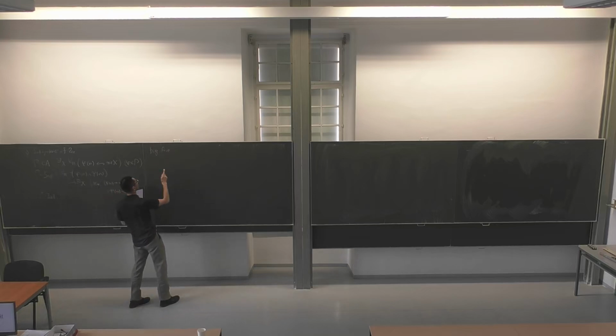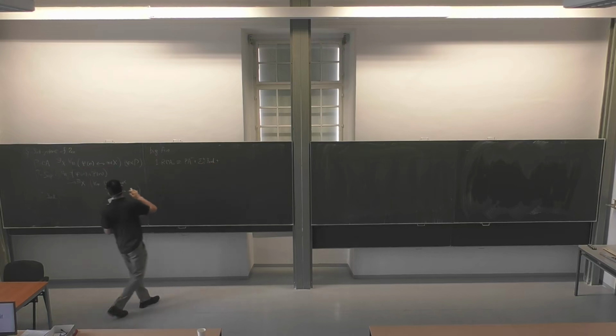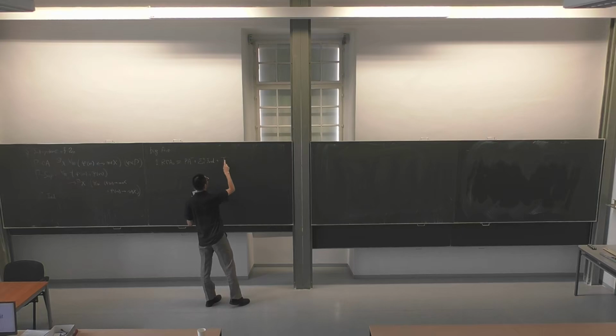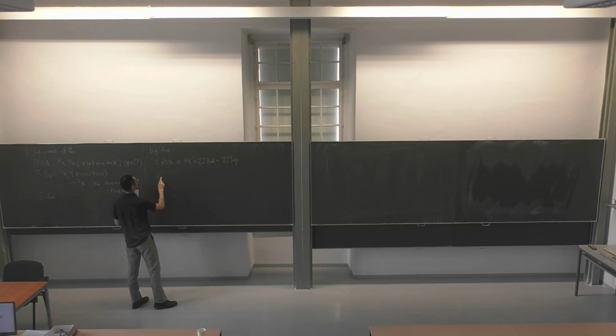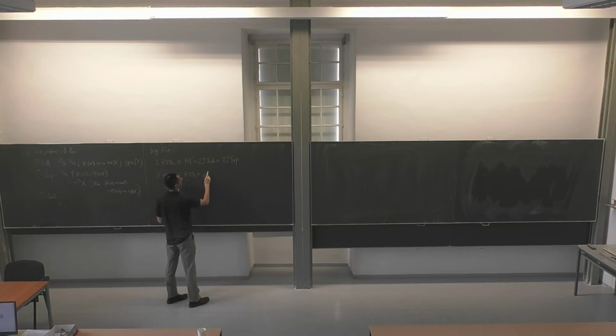Number one, RCA0 is PA minus plus Σ01 induction plus Δ01 comprehension, or Π01 separation if you write it in a simpler way. The second system is this plus Σ01 separation.